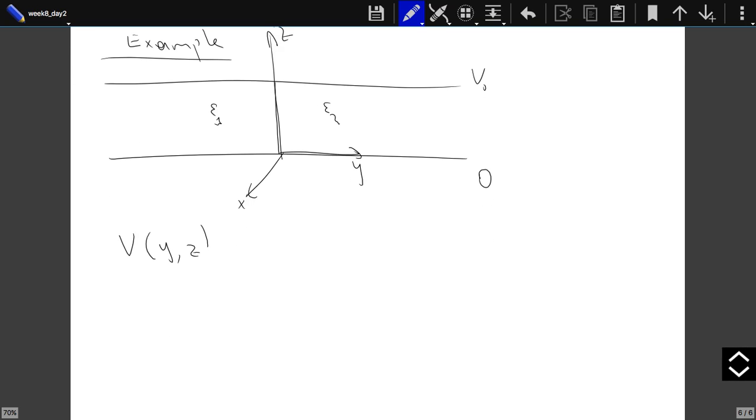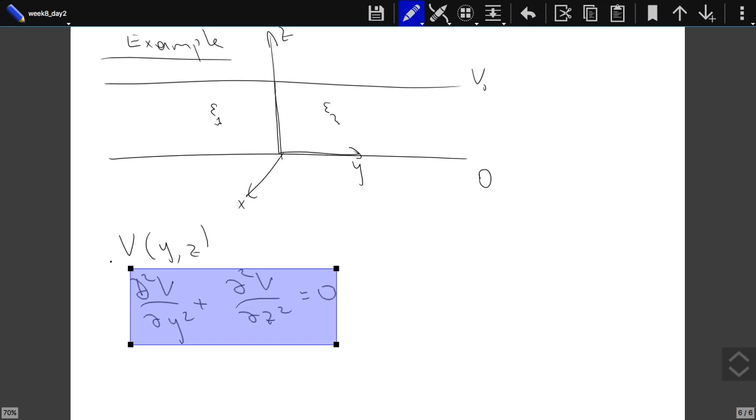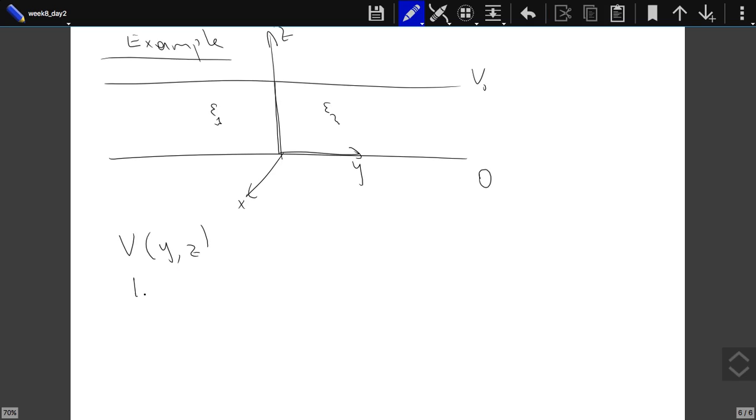We need to solve Laplace's equation: del squared V by del y squared plus del squared V by del z squared should be equal to 0. Sorry, not yet. Well, the electric field we can always write as minus the gradient of the potential.